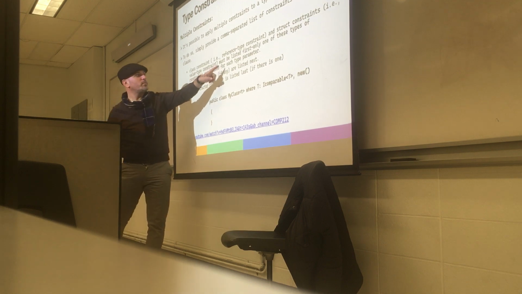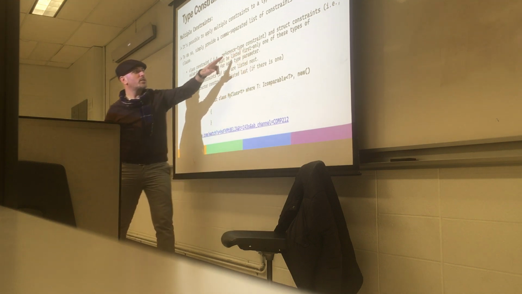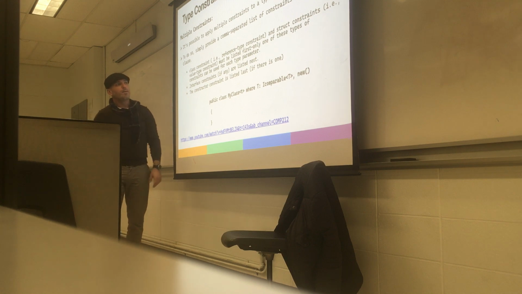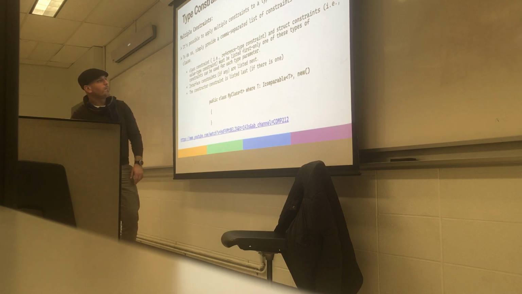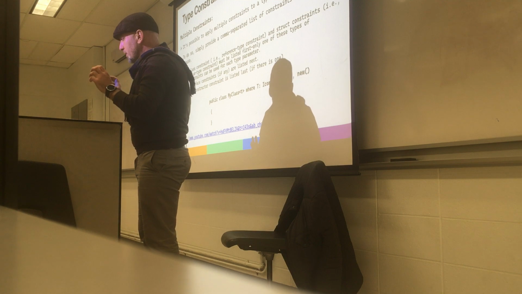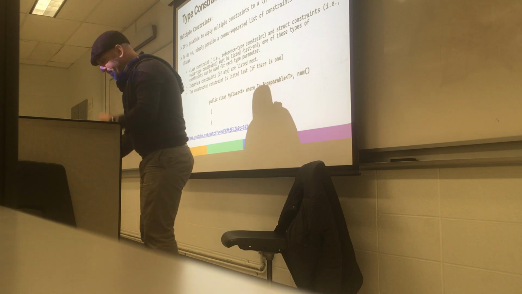For each type parameter, only one of these types must be listed first. Class and struct first, interface second if any, are listed next. The constructor constraint, the new keyword, is the last one, okay? Those should be a class that includes the constructor.